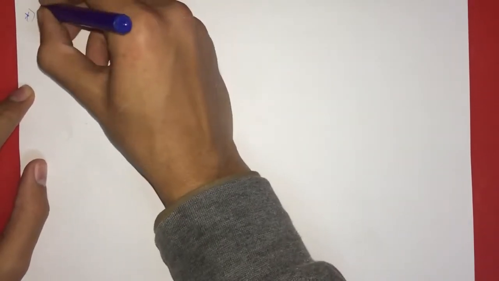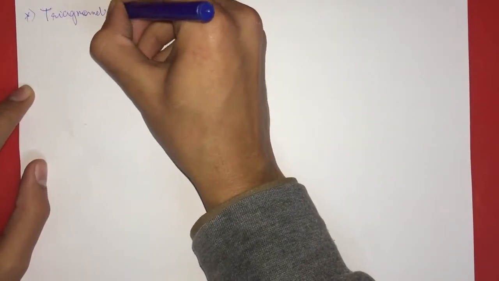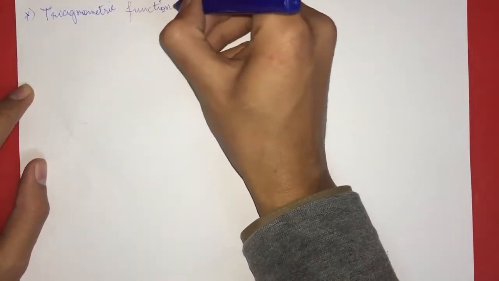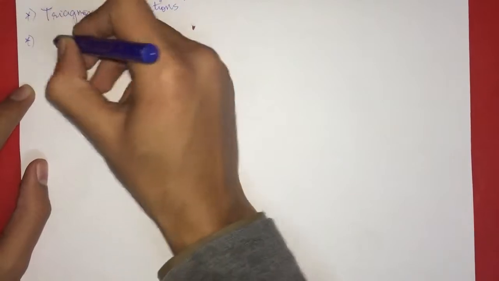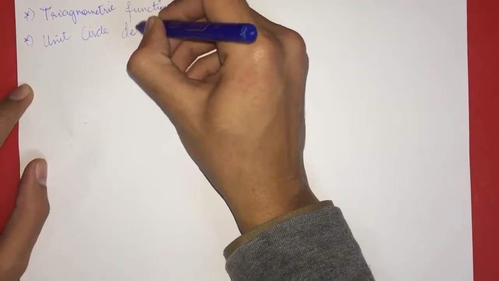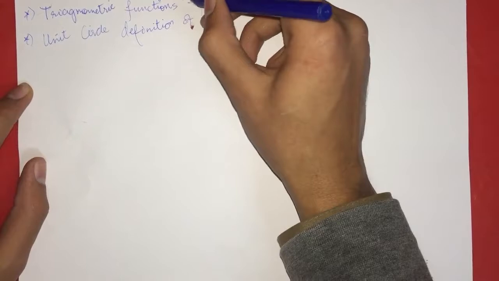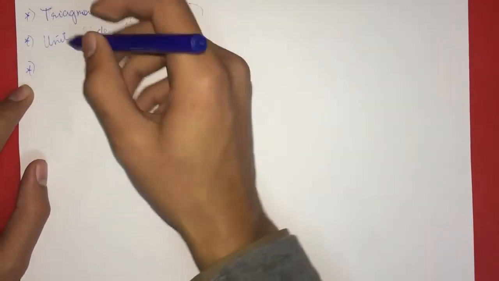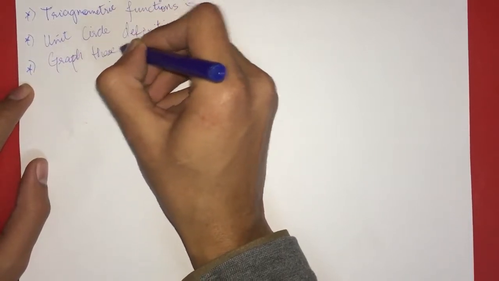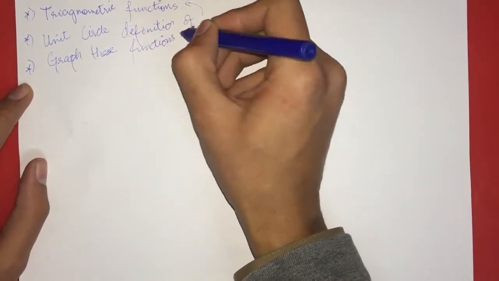We are going to talk about trigonometric functions again, and then I'm going to tell you the unit circle definition of these functions, and then if you have time, I'm going to tell you how to graph these functions, or if you have time, I'm just going to tell you how to graph the function of sine.